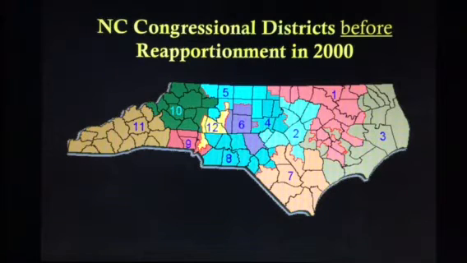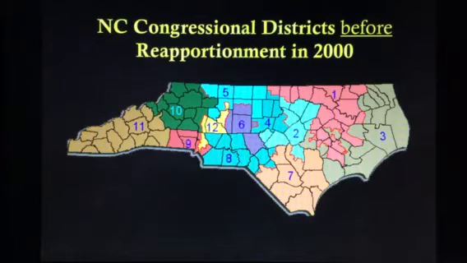Before 2000, North Carolina had 12 House seats. Again, these House districts have to be contiguous, meaning they have to be together. You could not have part of the 12th congressional district in one part of the state and then another part of the 12th on the entire other part of the state.